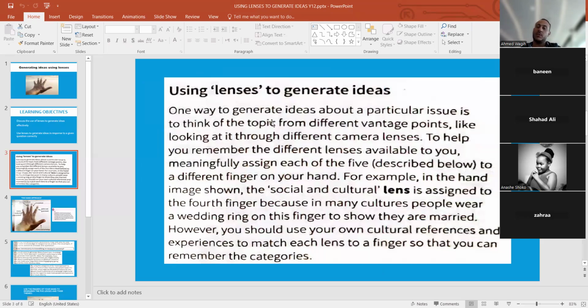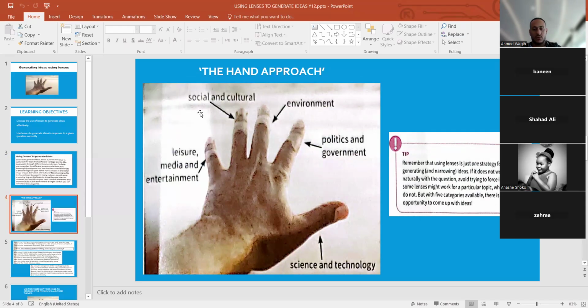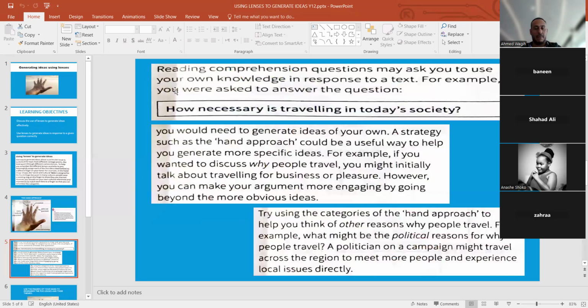So one way to generate ideas is by using the five lenses. Let me show you this. You might relate anything to social and culture, to environment, to politics, to science and technology, to leisure and media. Okay. So look at this question, for example, and see how we can deal with it.